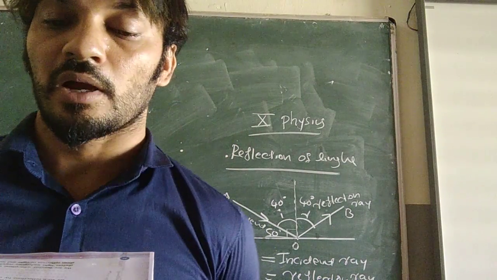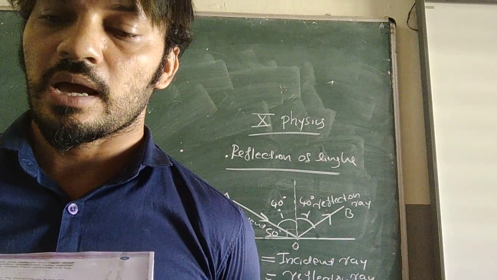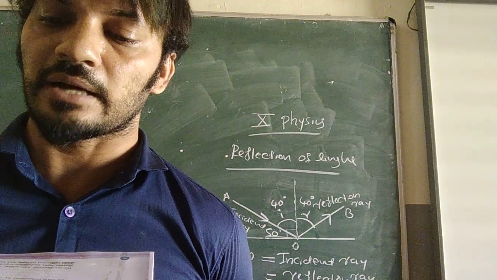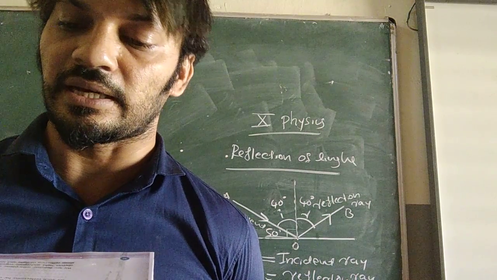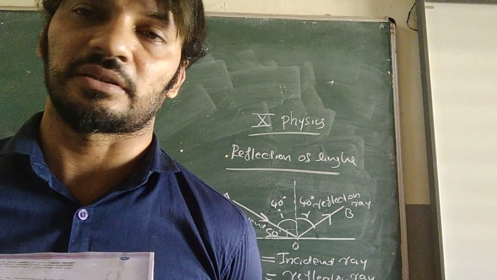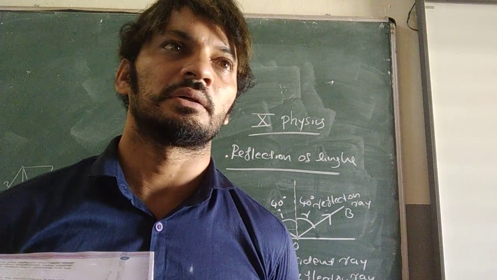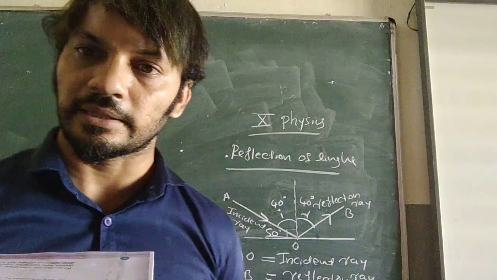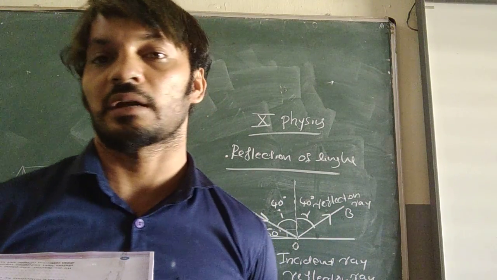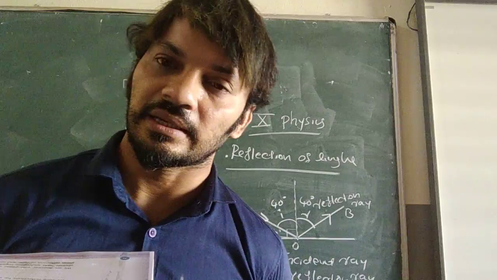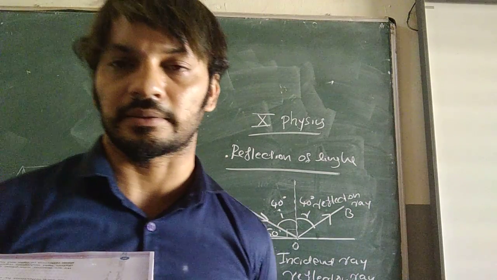When light is reflected from a smooth surface, angle of incidence and angle of reflection are equal. The incident ray, reflected ray and normal to the surface are in the same plane. If light falls on a plane mirror, angle of incidence and angle of reflection are always the same, and incident ray, reflected ray and normal are everywhere in the same plane.